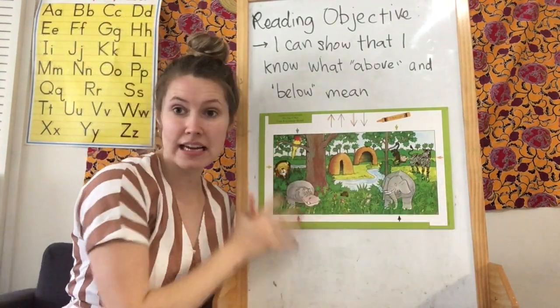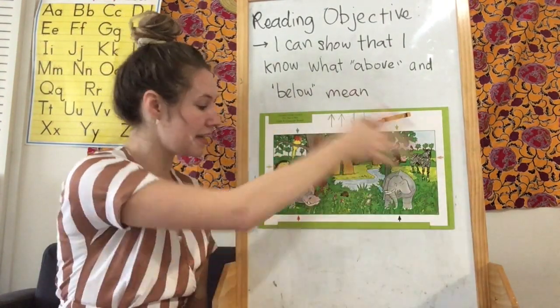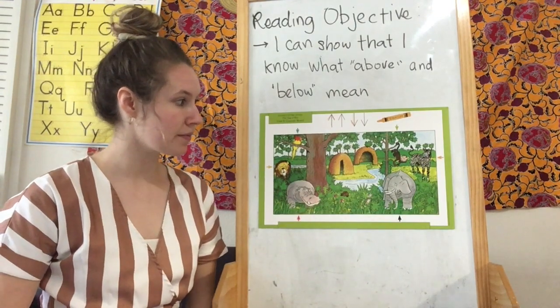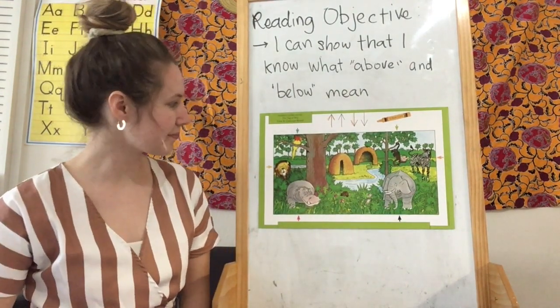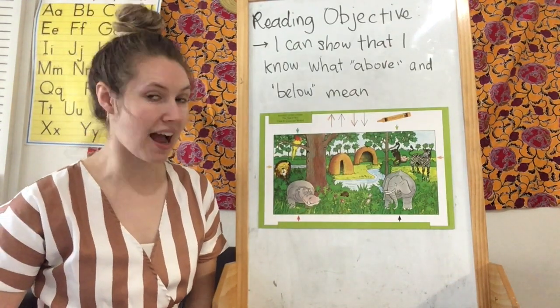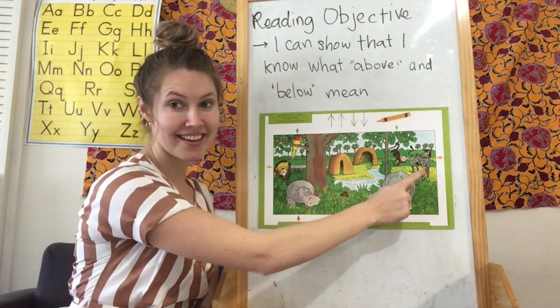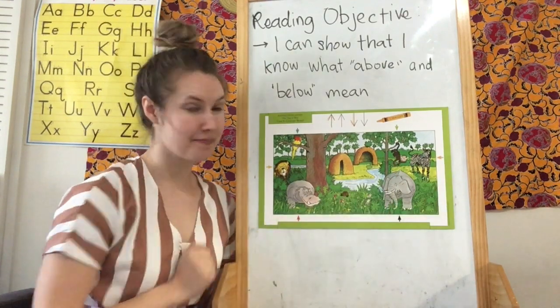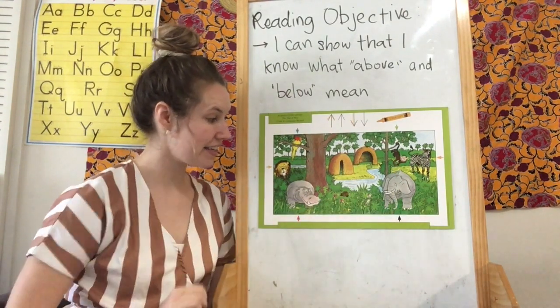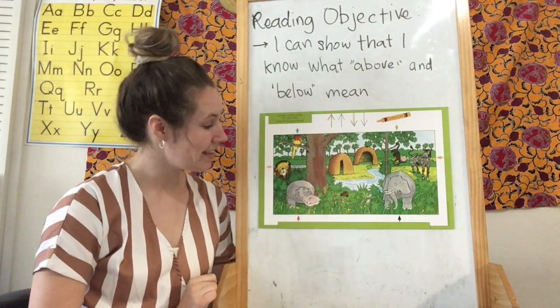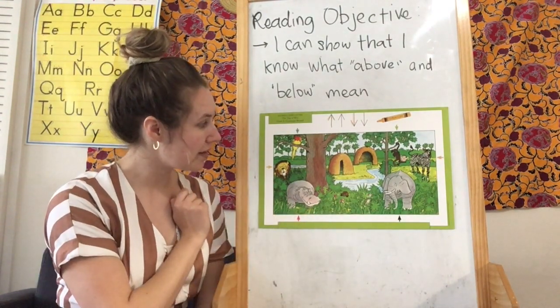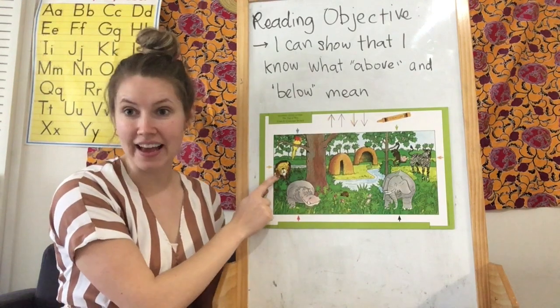There are a lot of animals here. Let's see if we can name these animals. What animals do you see in this picture? I see a zebra, and I see a monkey. I see an elephant. I see a turtle way down here in the grass. I see a hippo, a parrot, a lion.